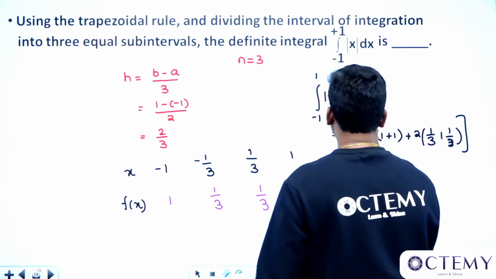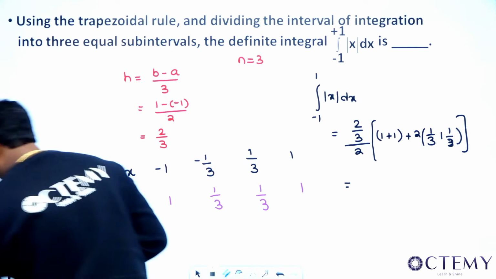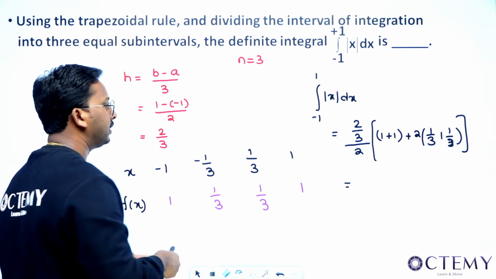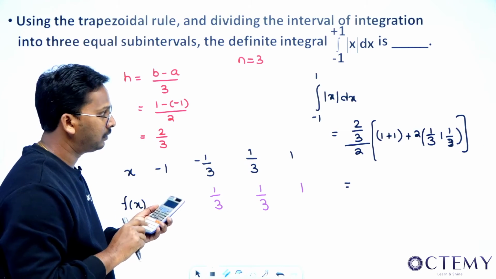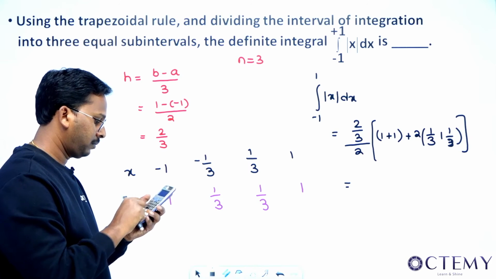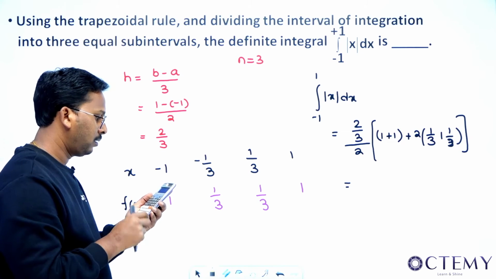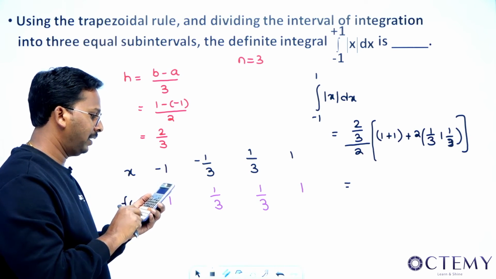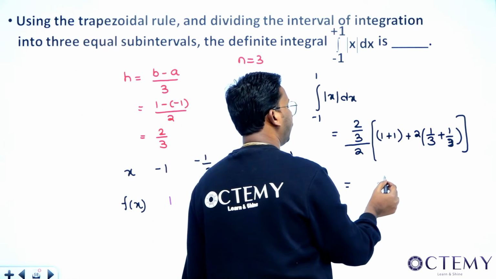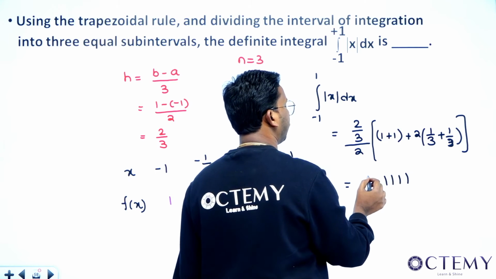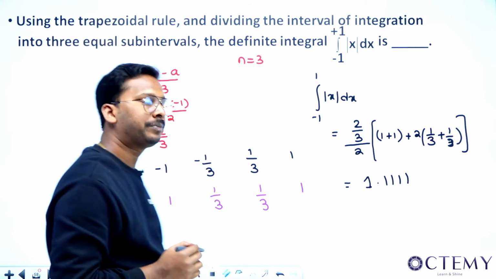This is the trapezoidal formula. See, sir, if you evaluate this, what are you going to get? You are going to get 2 plus 4 by 3, divided by 3. You should get 1.11111. This should be the answer, right?